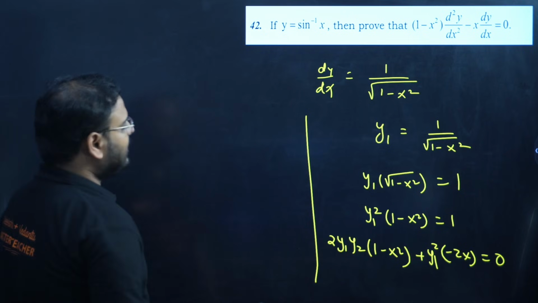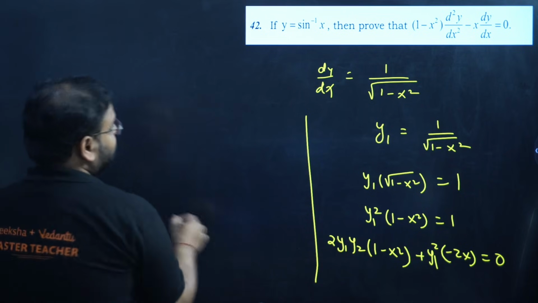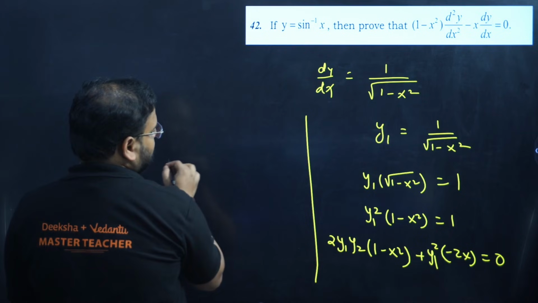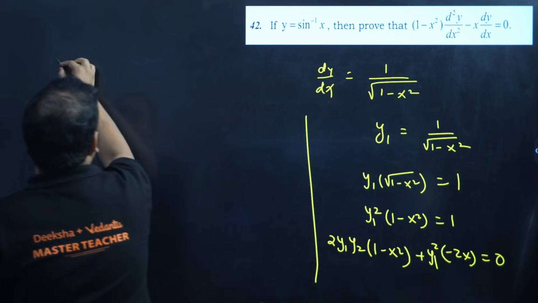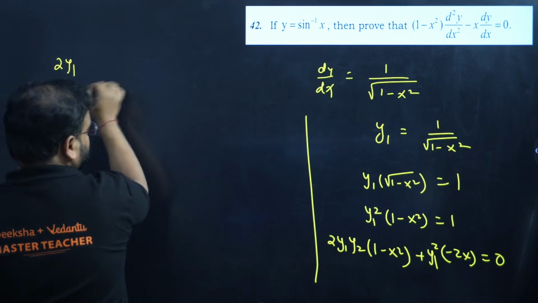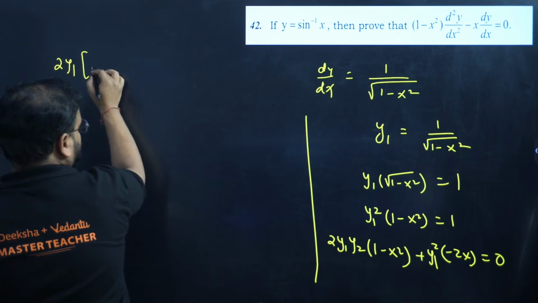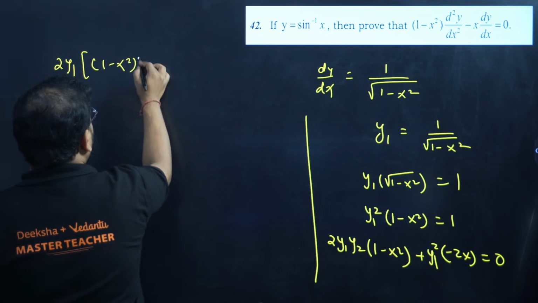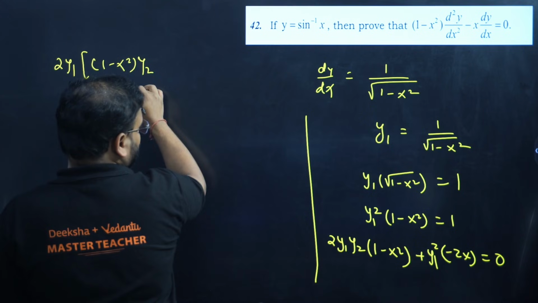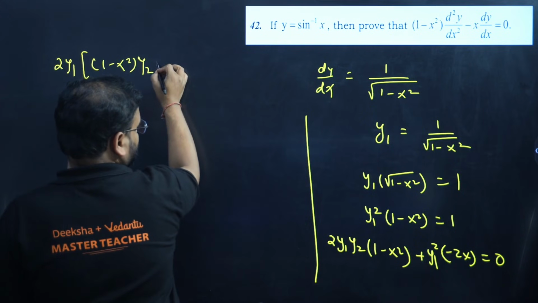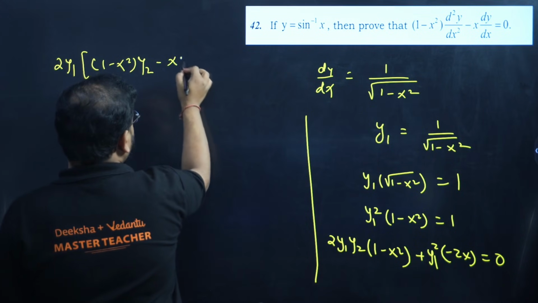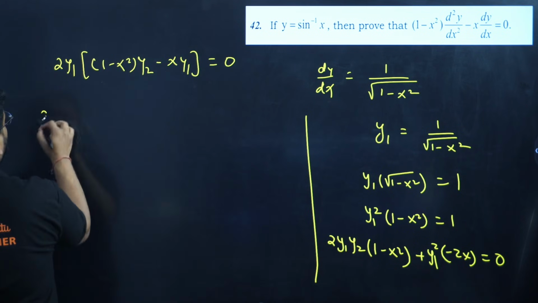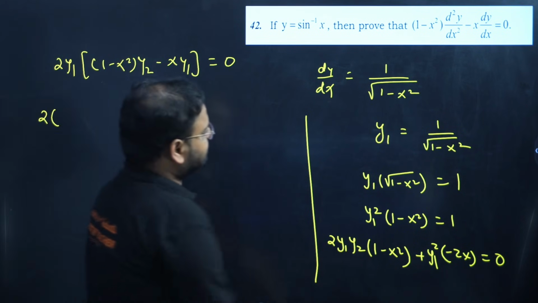Let's do one thing. I'll take 2y1 common. So I'll have here 1 minus x square into y2. Now what do we have over here? I've taken 2 and y1 common, so we'll have minus x y1 equals 0. What is 2y1? What is the value of y1? Please check this root.